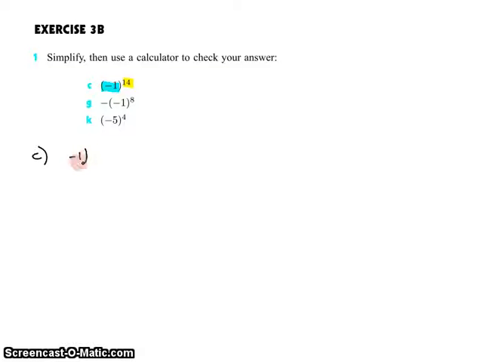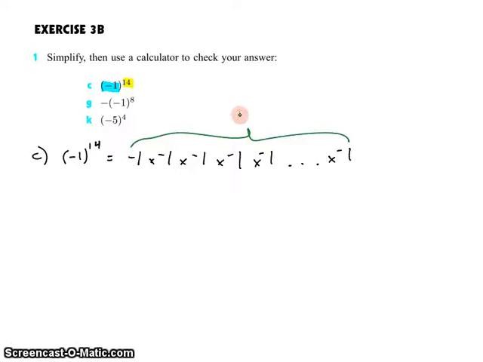So -1 to the power of 14 is -1 times -1 times -1 times -1, and we'll keep doing this 14 times. We could do all this multiplication, that's possible, but let's take a look at the pattern.